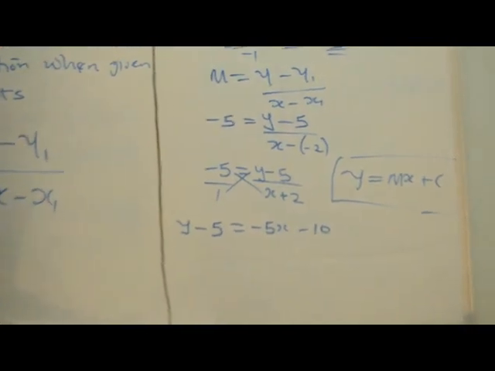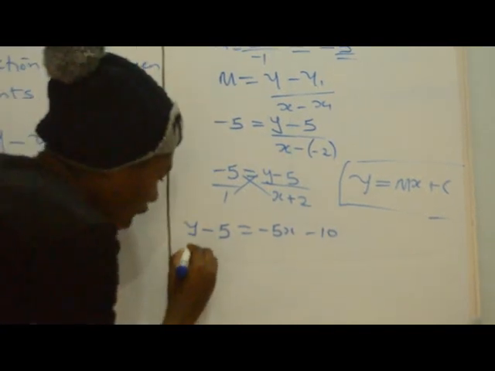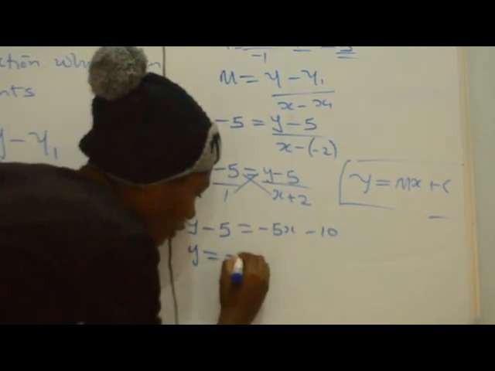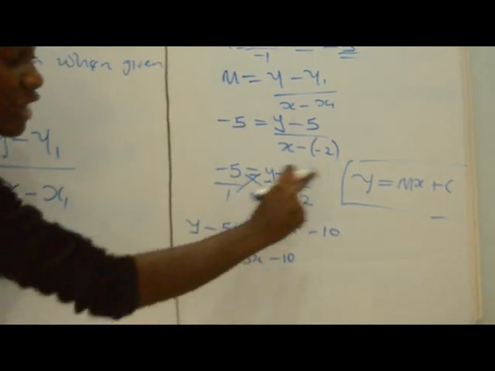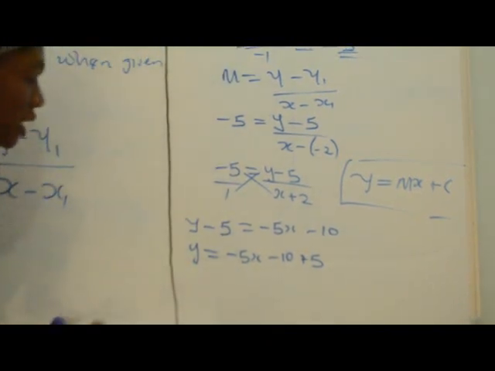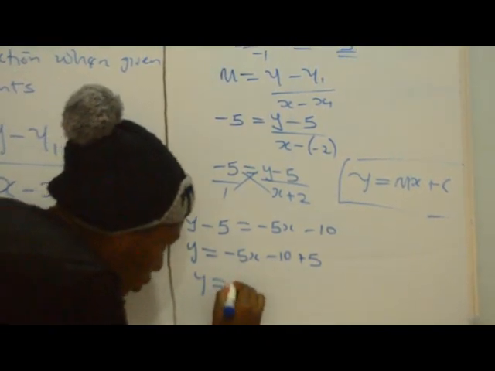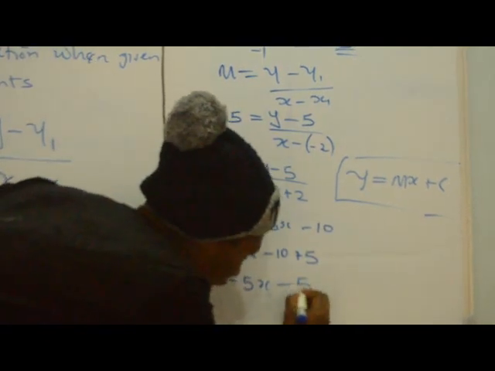Now we collect like terms so that our y is alone, according to our format. So our y is equal to minus 5x minus 10. Now if our minus 5 goes the other way, it becomes plus 5. So our y is equal to minus 5x, minus 10 plus 5 will give us minus 5.